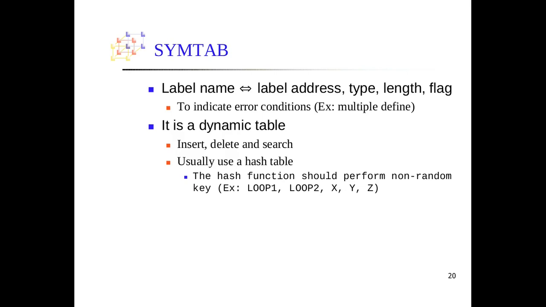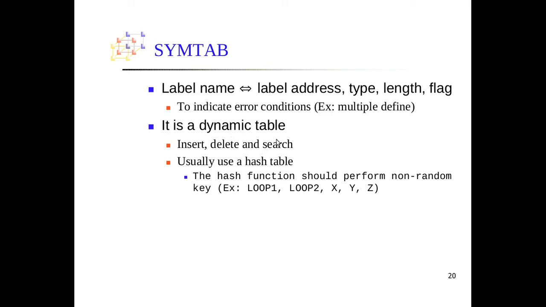Then the symbol table stores the label name and the label address, similarly the type of that particular label, length, flag, etc. Mainly the address is the main information, the address corresponding to a particular label or symbol. In some cases it will also store error conditions with the help of a flag.